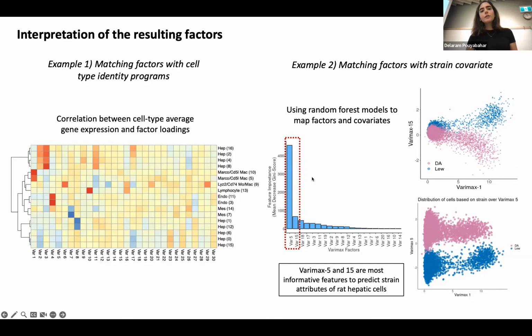And this is a way just to match the factor with the covariate, right? So you basically don't need to do anything to figure out what genes are representing that specific factor. That's given.